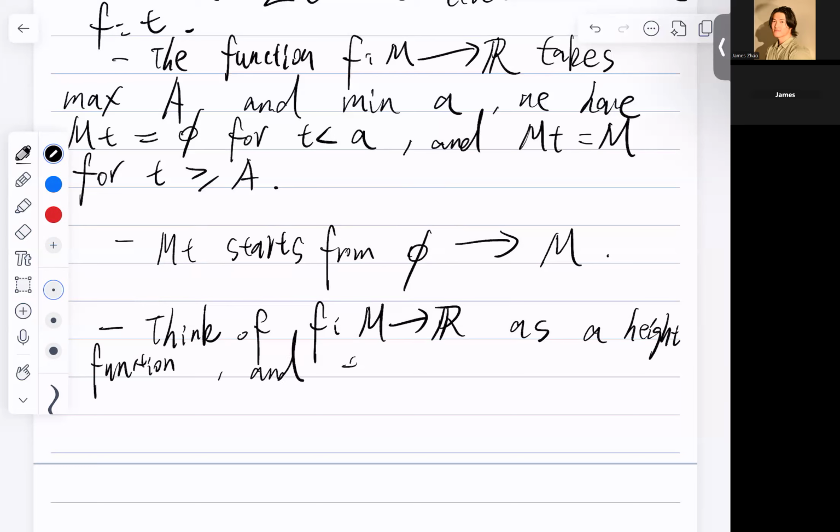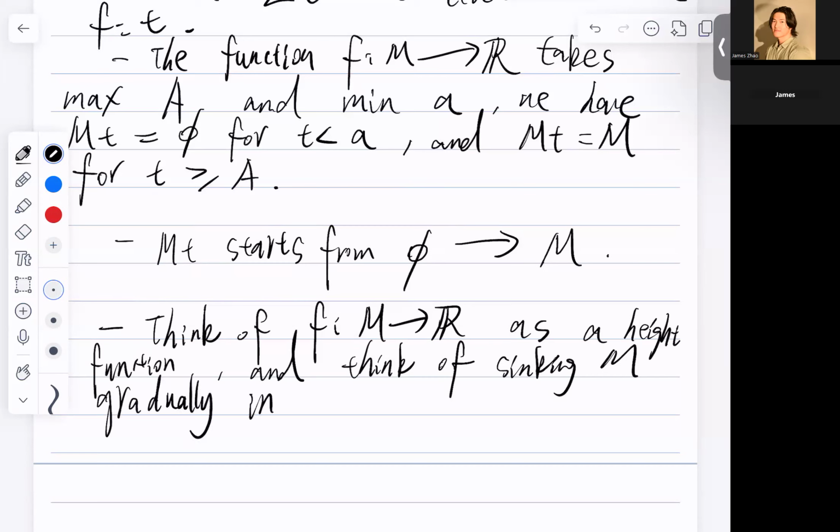And we can think of this as sinking M gradually, as I just said, in the water level.